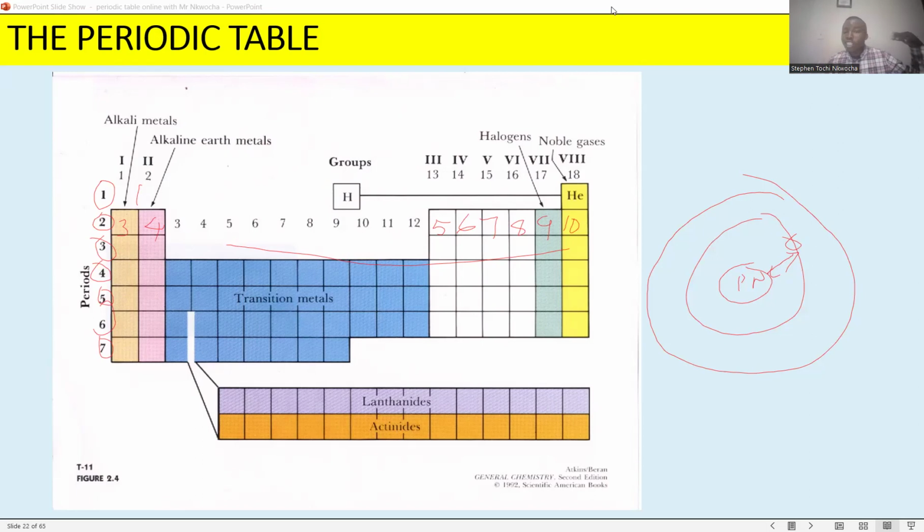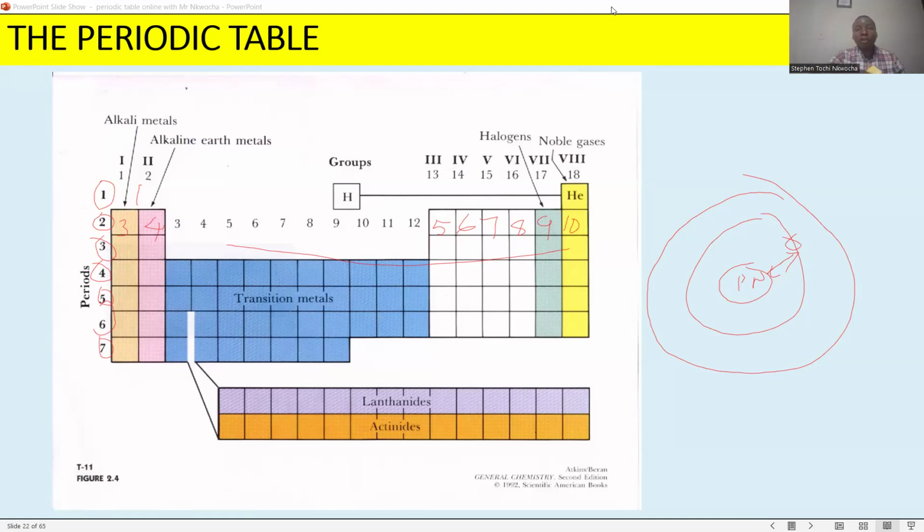So atomic number is what is increasing across the period, from left to right. But once you are going down like this, the number of shells is automatically increasing. So if you have any question that has to do with atomic size, atomic radius, just know that down the group, atomic size is increasing. Why is it increasing? Because the number of shells is increasing.